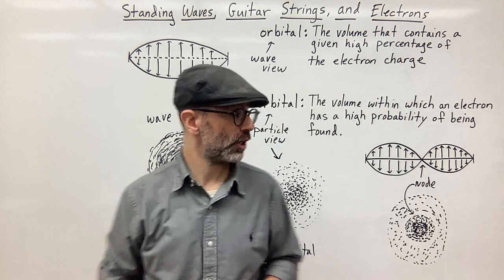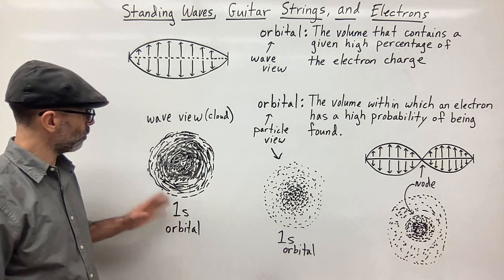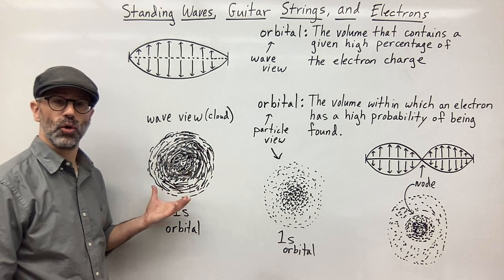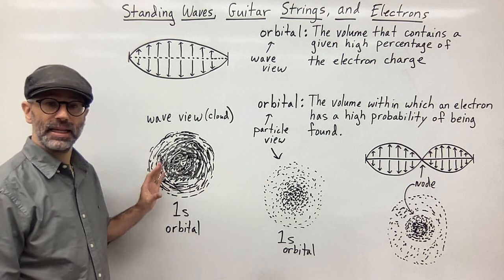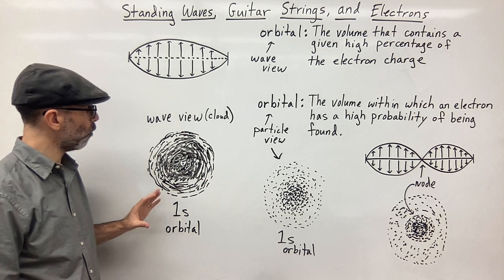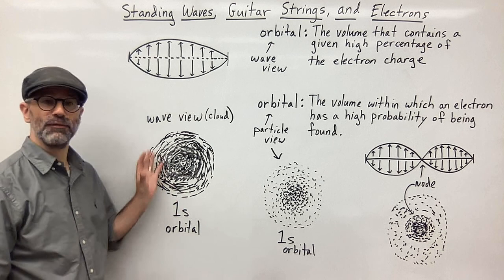And so if you look here, this would be the 1s orbital, and this is the way the three-dimensional waveform looks for the electron in the atom. So this is the lowest energy orbital for an electron, and you can see that it has a spherical shape to this.